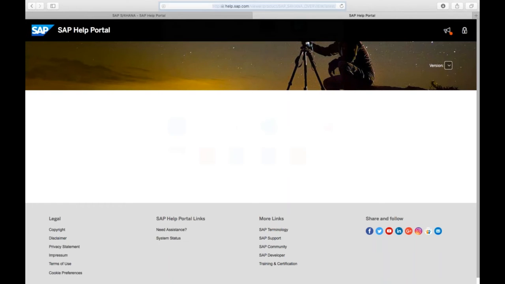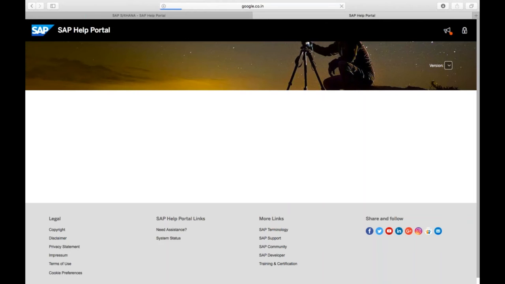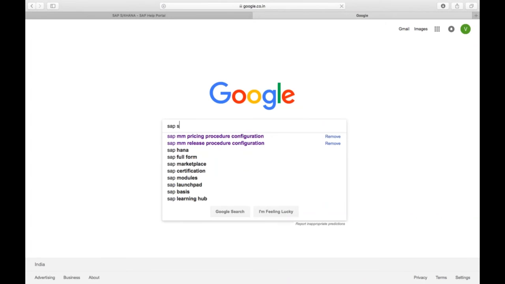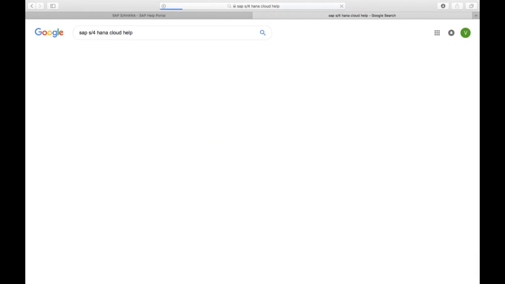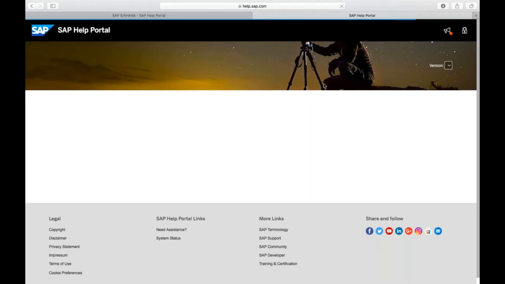Maybe otherwise, SAP S4 HANA Cloud Help. Yes, let's go through this. Okay, so here you can see it is only showing you the last 3 versions, every 3 months: 1805, 1808, 1811.